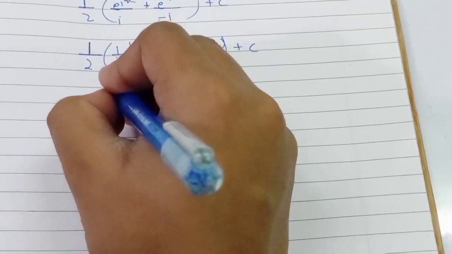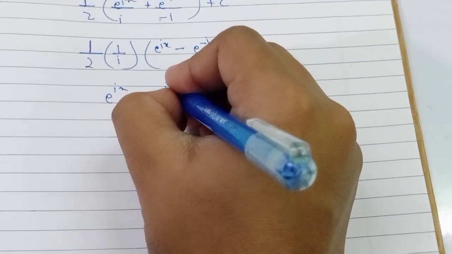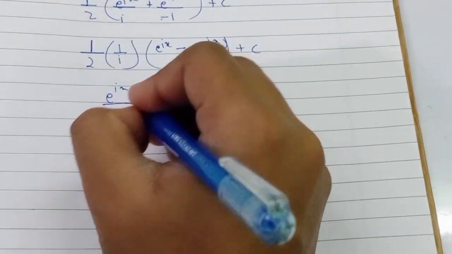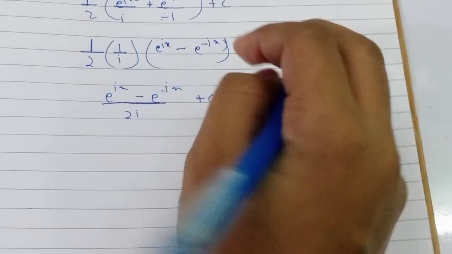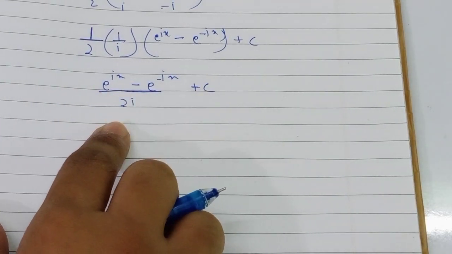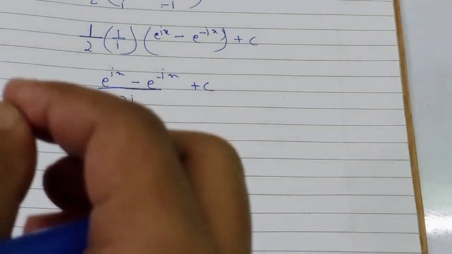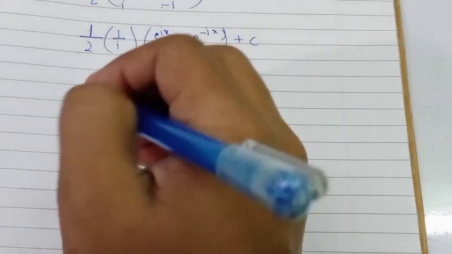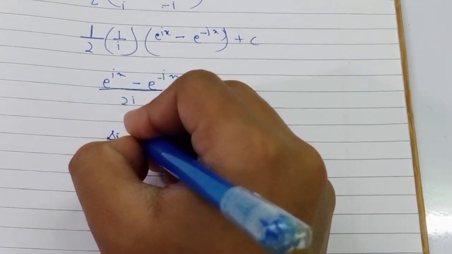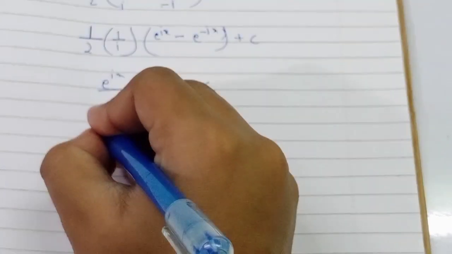Now it's e to the ix minus e to the negative ix all over 2i plus c. This is the e to the x form of sin x. So we will get sin x plus c. So this is our final solution.